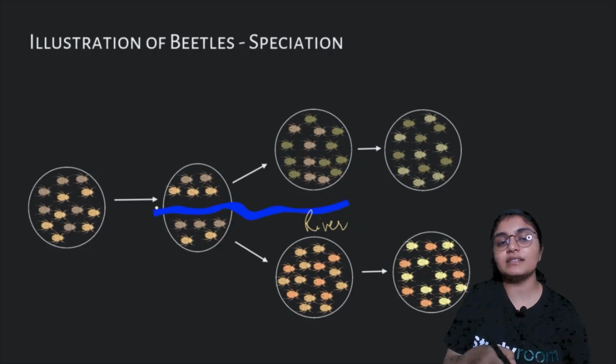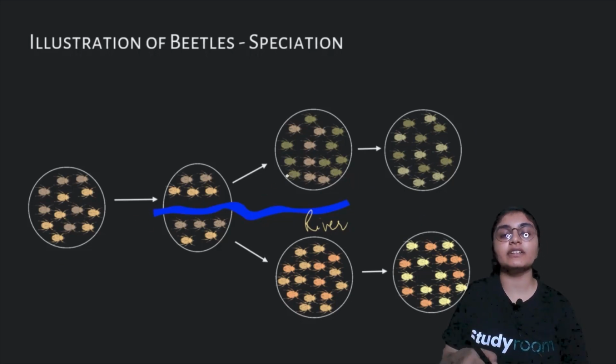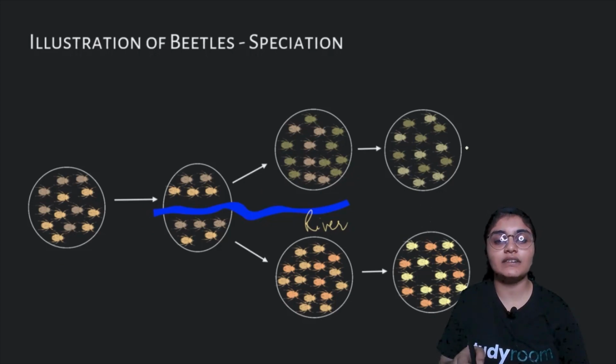With the gradual course of time it develops into two different populations with distinguishing characteristics. As you can see here, these beetles are generally dull green, and here the beetles are very bright in color, with light red, maroon, and even light green colors. So these beetles are different.